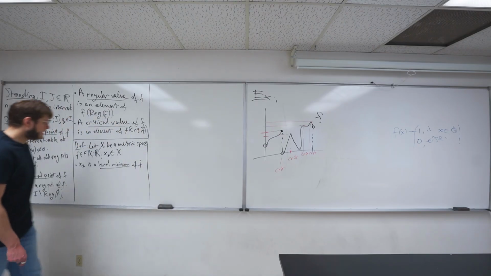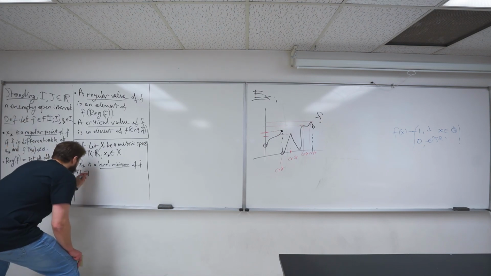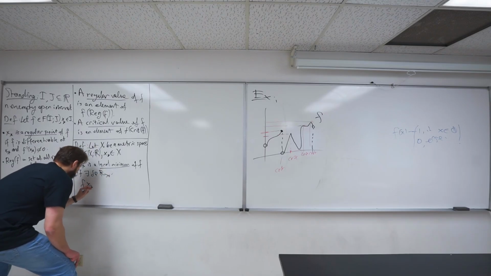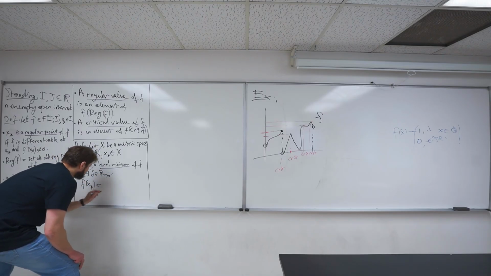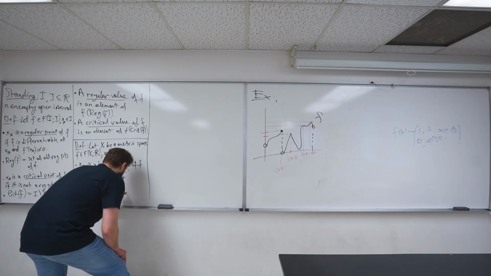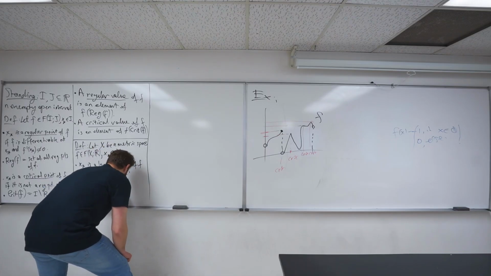x star is a local minimum of f if there is a delta positive such that f of x star is the minimum of f restricted to this open ball of radius delta centered at x star.